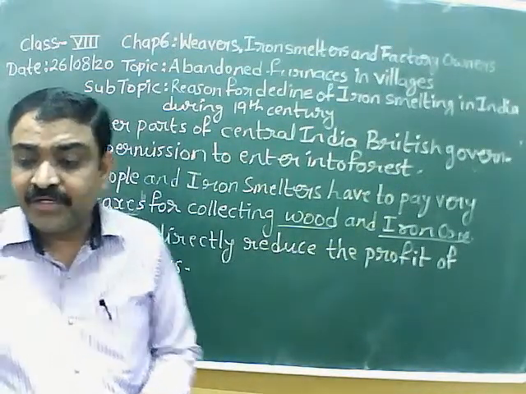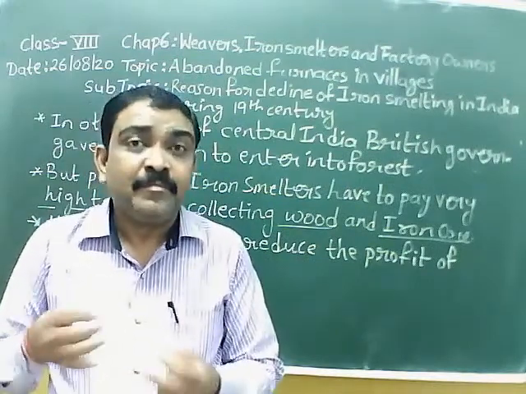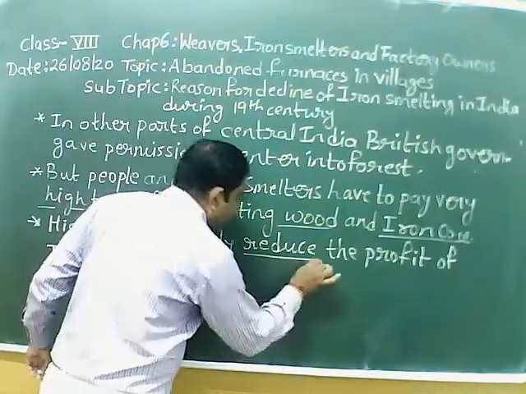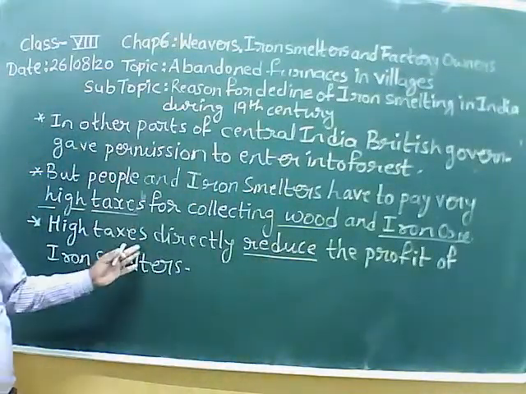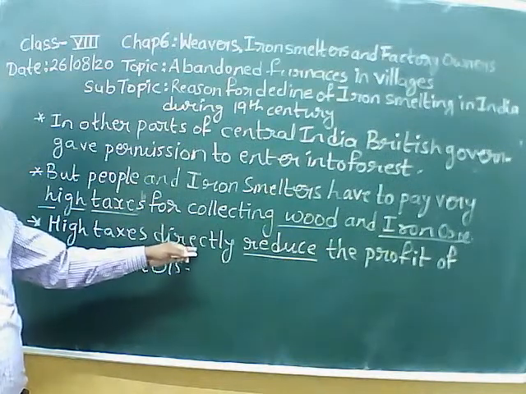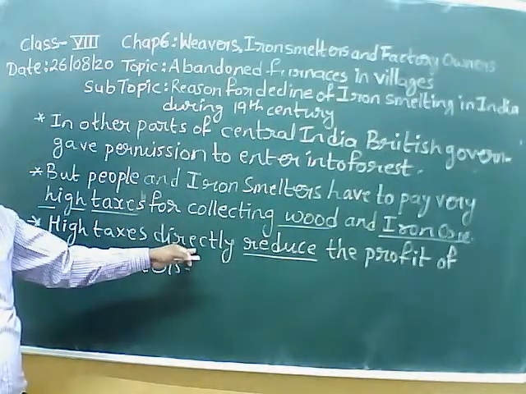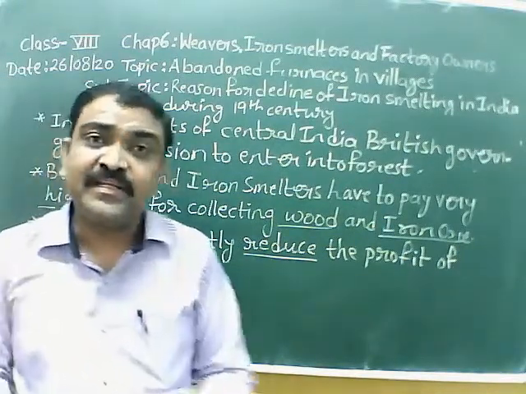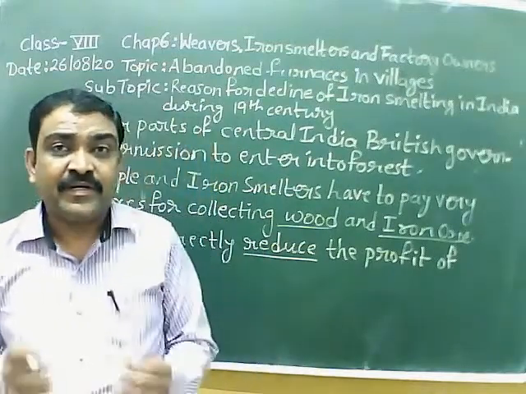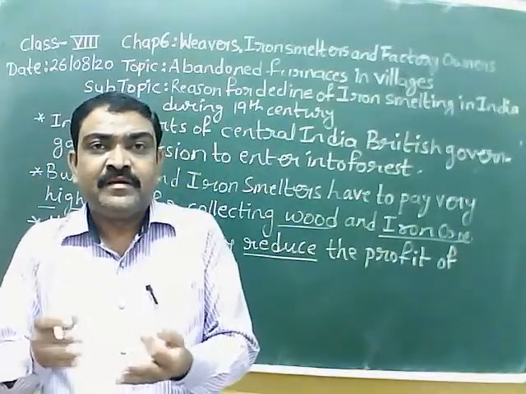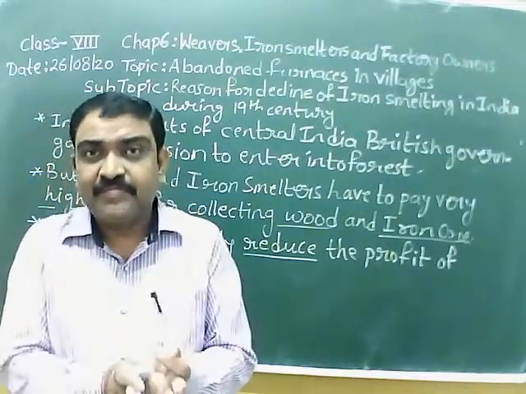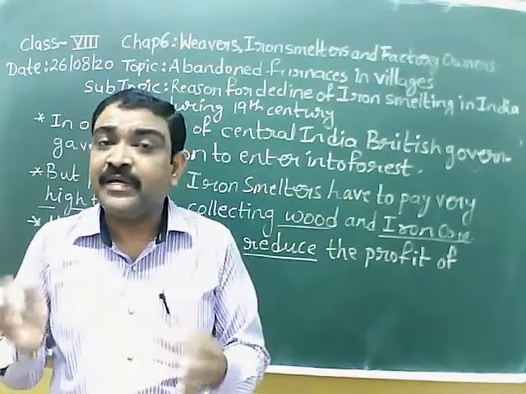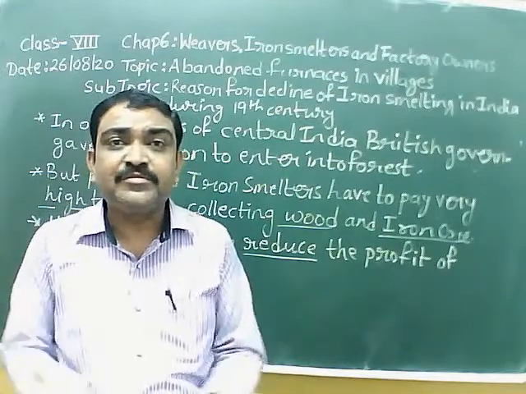वो जो बहुत high taxes थे, ठीक है, because of that what happens? The profit of the iron smelters reduces. Okay, because whatever income these iron smelters earn from selling the iron, उसका बहुत सारा जो हिस्सा है वो किस में चला जाता था? टैक्स में. Okay, so earlier for example they were earning 50 से 100 रुपए वो महीने में कमाते थे, ठीक है, so they did not have to incur any cost, उनको लागत कुछ नहीं लगती थी.